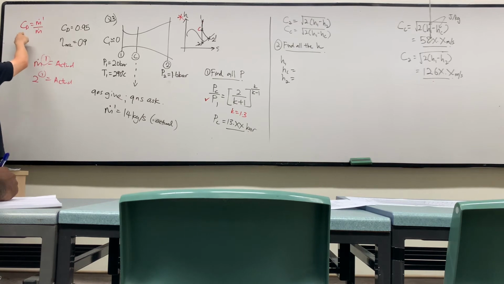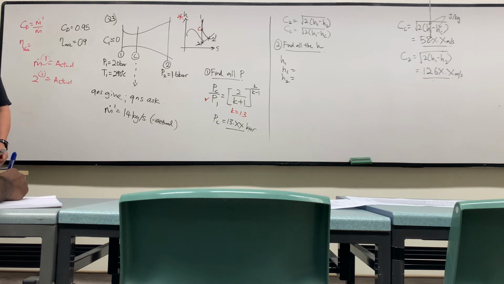This is how you deal with your discharge efficiency, m dot prime over m dot. Nozzle efficiency equals to... this one also I cannot remember.